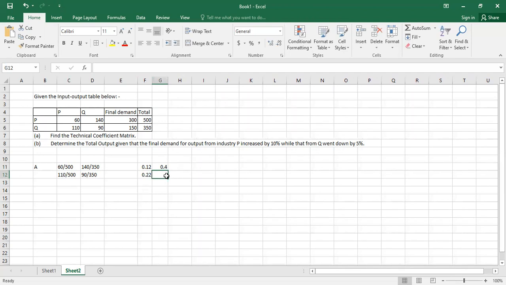Then the last one, 90 over 350: 0.26. So this is the technical coefficient matrix.